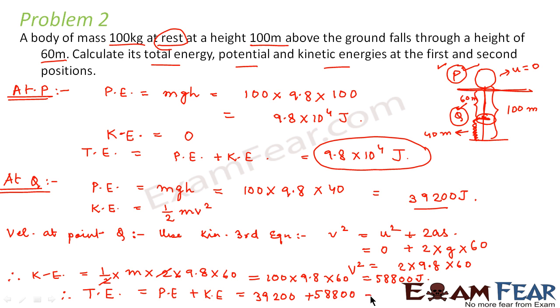So this is equal to 9.8 into 10 to the power 4 joules. So we calculated the total energy at point Q. Did you observe one interesting thing? The total energy at point P is exactly equal to the total energy at point Q, which proves the conservation of energy. That is, the total energy remains conserved at every point, right?